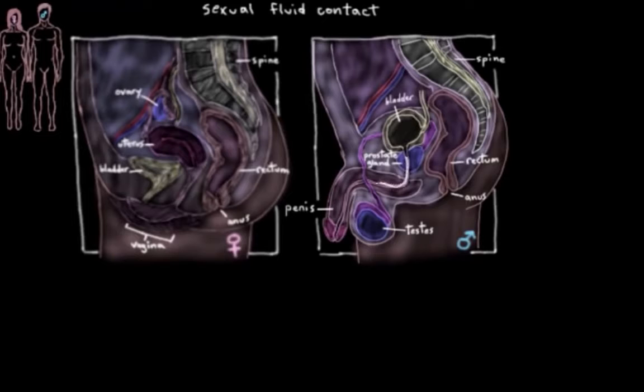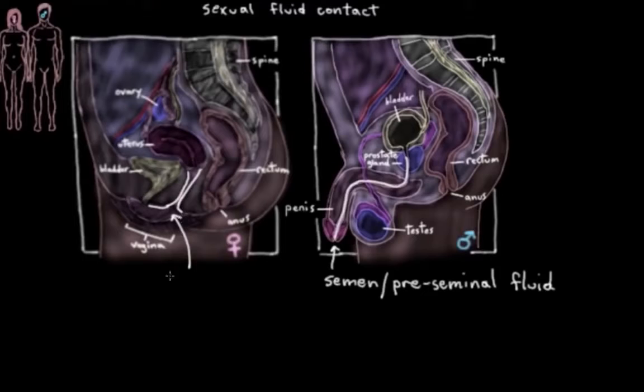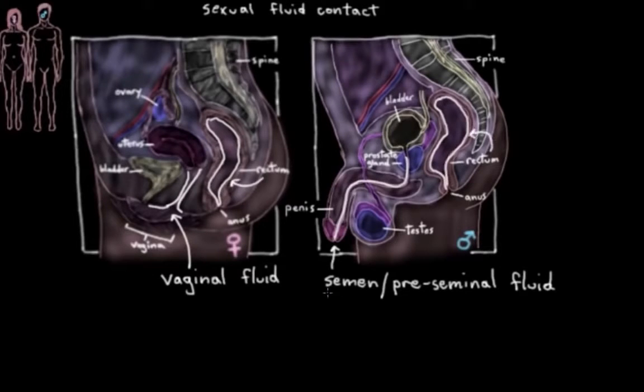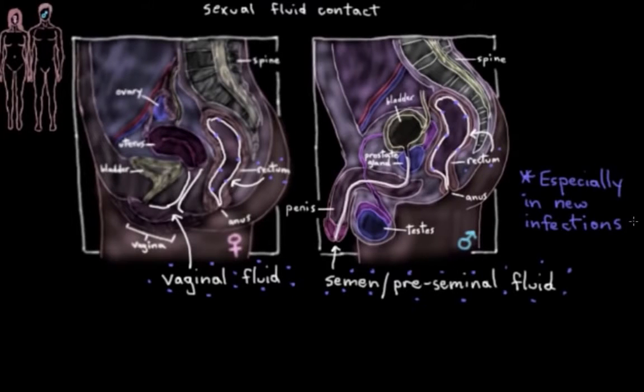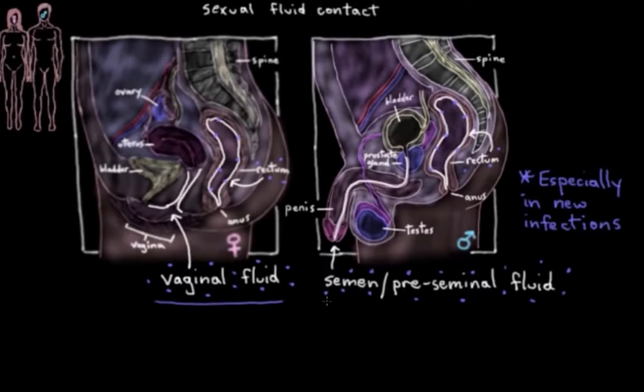So contact with sexual fluids like semen or preseminal fluid or vaginal fluid or even rectal fluid can spread HIV because there's often a fairly high amount of viral particles within these fluids, particularly within the first few weeks of a new HIV infection, when the infected person's viral load in their blood or in their sexual fluids is up at extremely high levels.